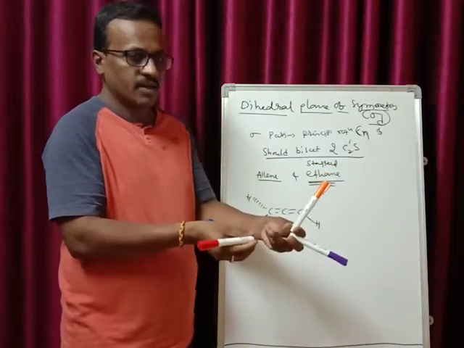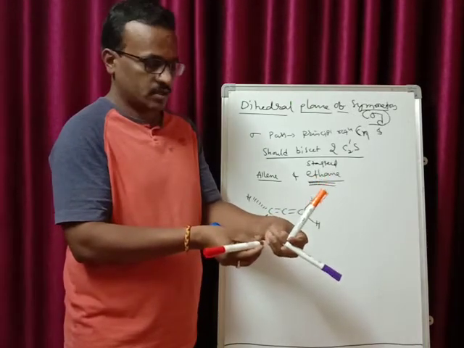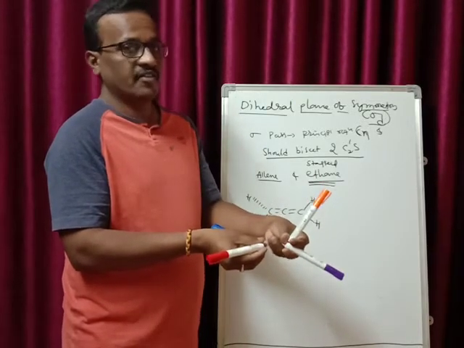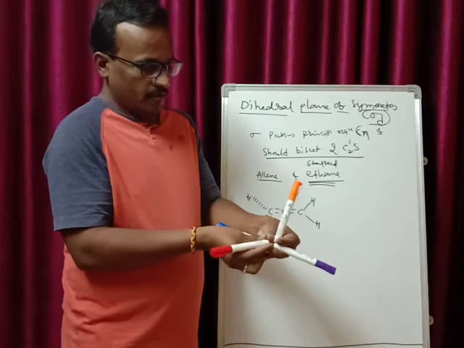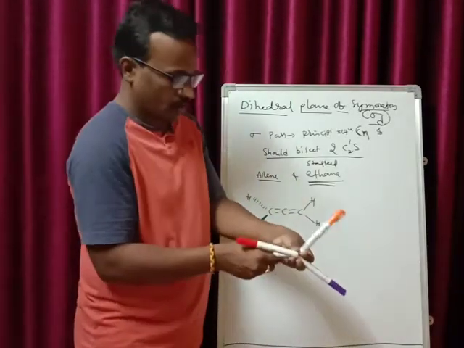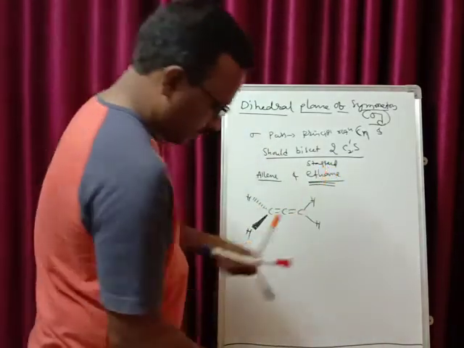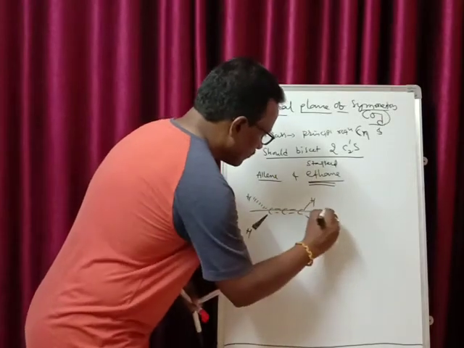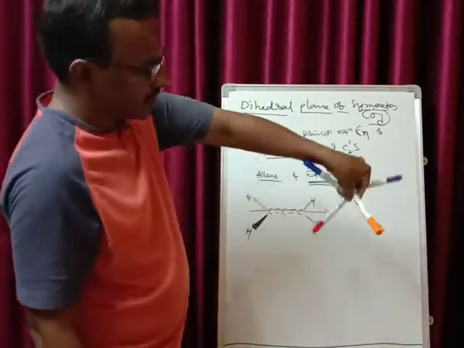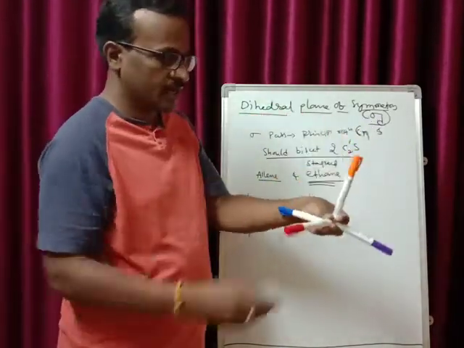In between this you have the carbon atoms. Now this allene molecule has C2 rotational axes of symmetry along three different axes. One C2 is passing through the three carbon atoms. If I rotate it 180 degrees, I get the same structure.